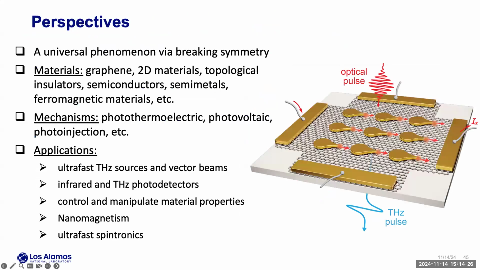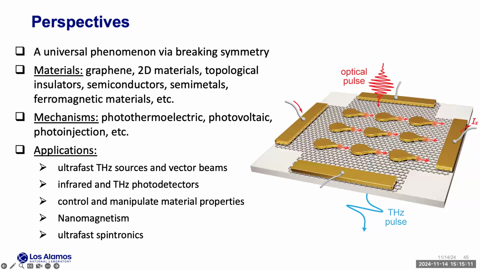So in summary of this part, I think we've demonstrated this universal phenomenon of directional current and terahertz emission that really comes about by symmetry breaking, by these structures that have broken the symmetry in the material. The underlying material here we showed was graphene, but you can use other kinds of materials as well. But there has to be a way you can excite a current.